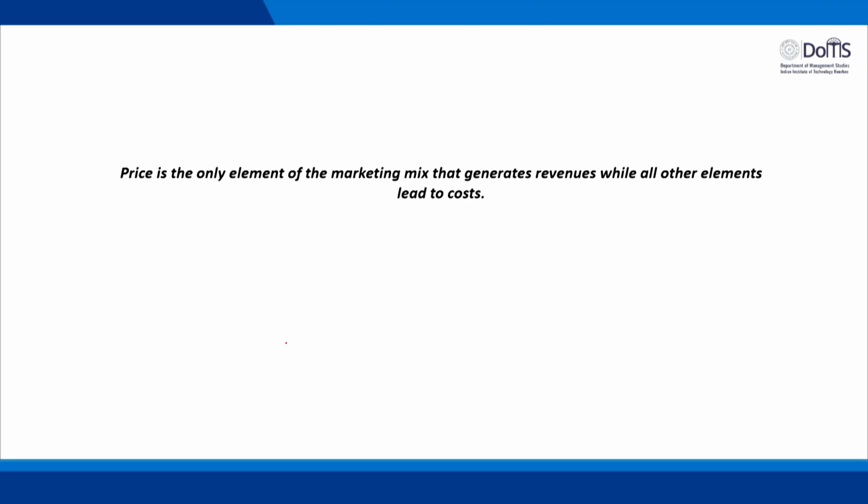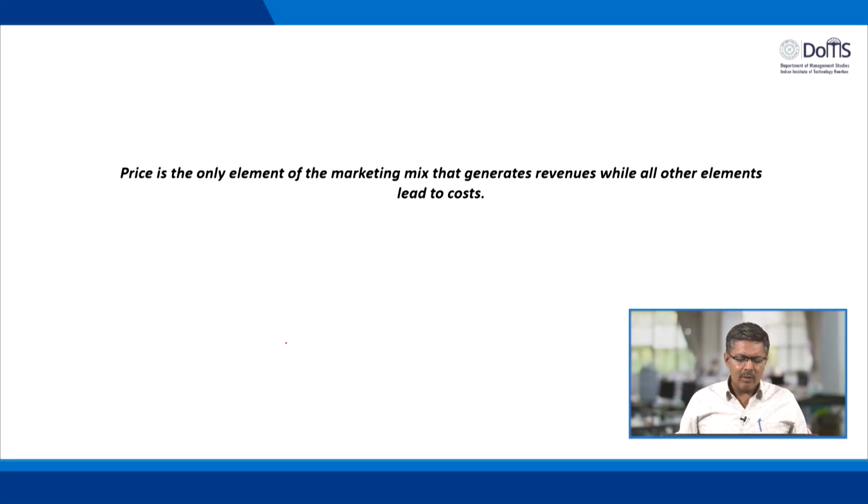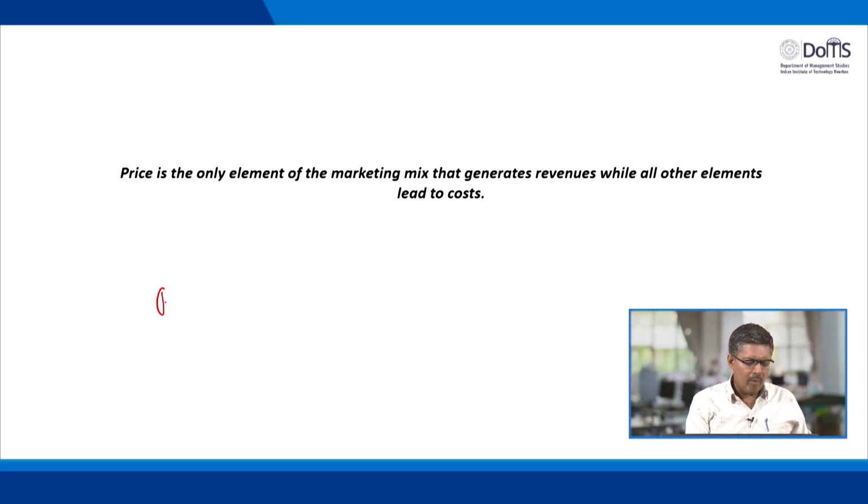So, if you look at the first slide, it says price is the only element of the marketing mix that generates revenue, while all other elements lead to cost. Now, just imagine a situation when you are selling a product, right? There are several costs. Let us say raw material cost, then you have logistics cost, insurance cost, obsolescence cost, supply chain and other costs, whatever, right?